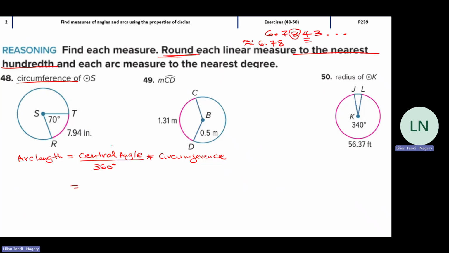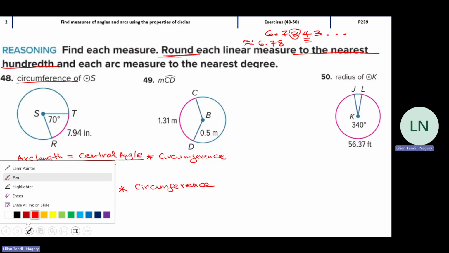Now you ask yourself in the formula, what do you know? Do you know arc length? Yes, I do know arc length. That is 7.94. Do I know central angle? Yes, it is 70. And then 360. And then I will multiply by the circumference that I need. So to get circumference, I need to move 360 and 70. I will do the multiplicative inverse.